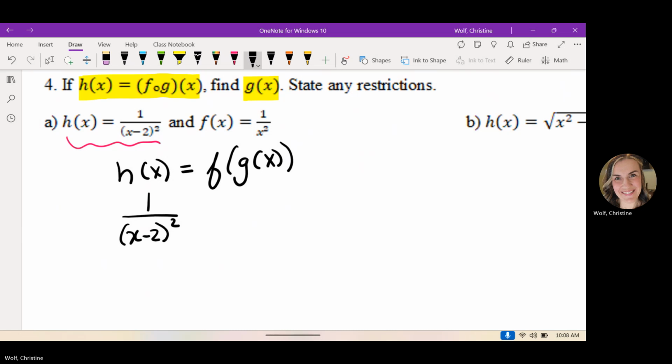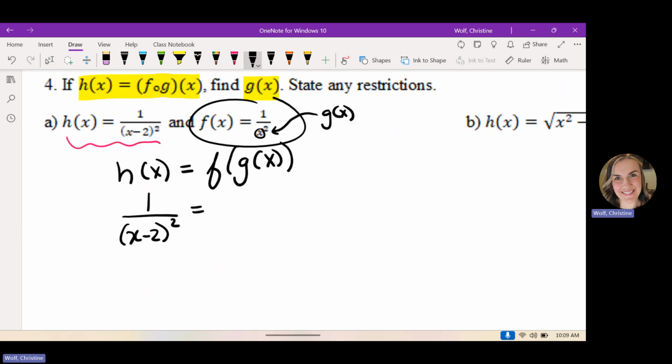Now, we have to think about what we would have done with f and g here. If I was composing f and g and putting g inside of f, if this is f, I would have highlighted my x and put a g of x in there, right?